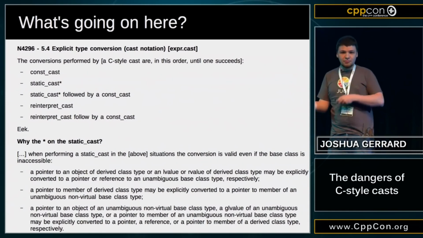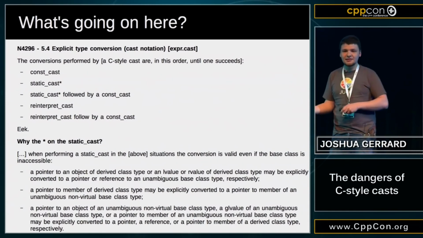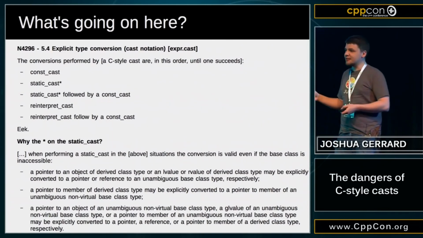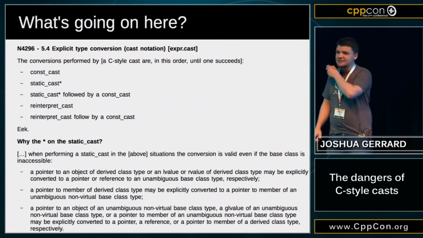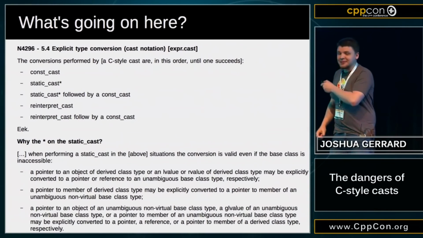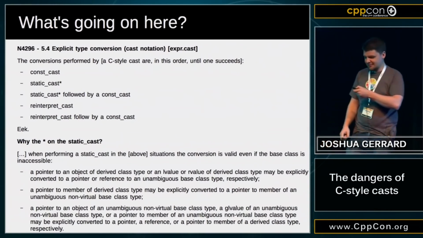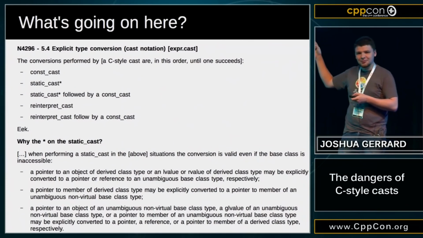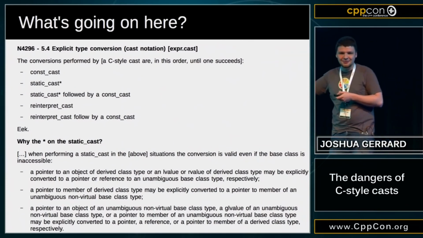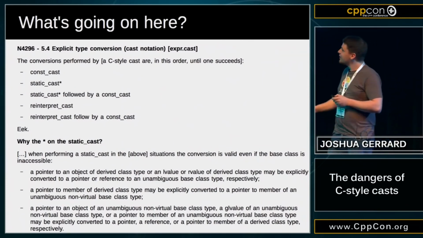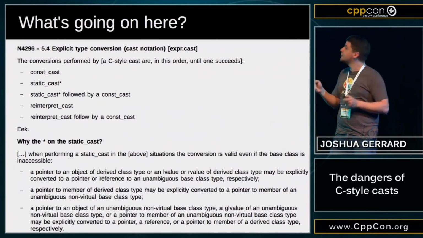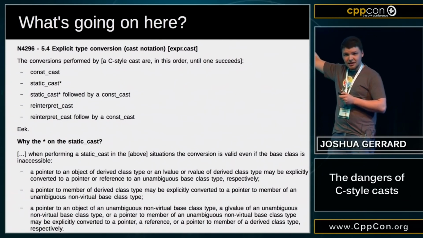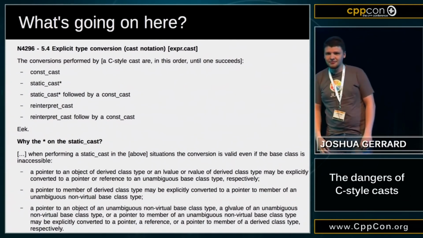But if you've got a private base class and you want to cast to a pointer of that type, generally speaking, you can get away with it with a C-style cast. That is the only time you should ever be using these C-style casts. And if you need to do this anyway, you should probably rethink your code in the first place. So that's my presentation. Please stop using C-style casts and use the C++ cast that you meant. Thank you.